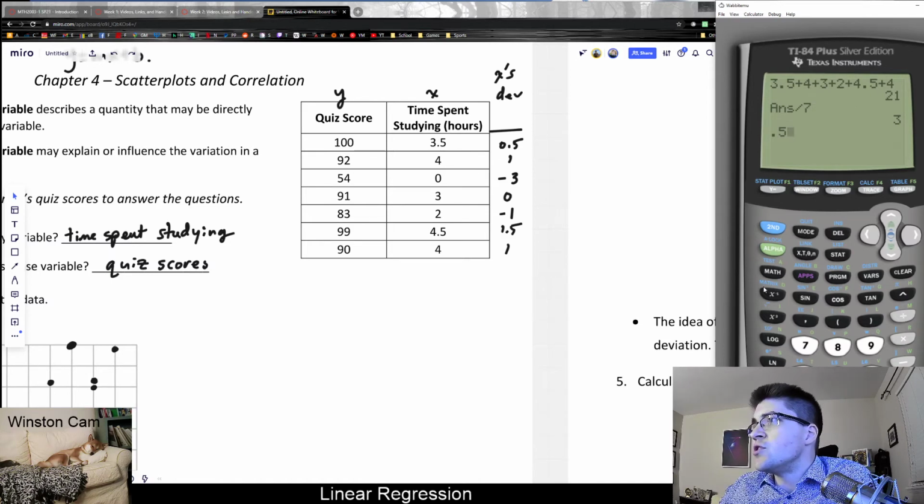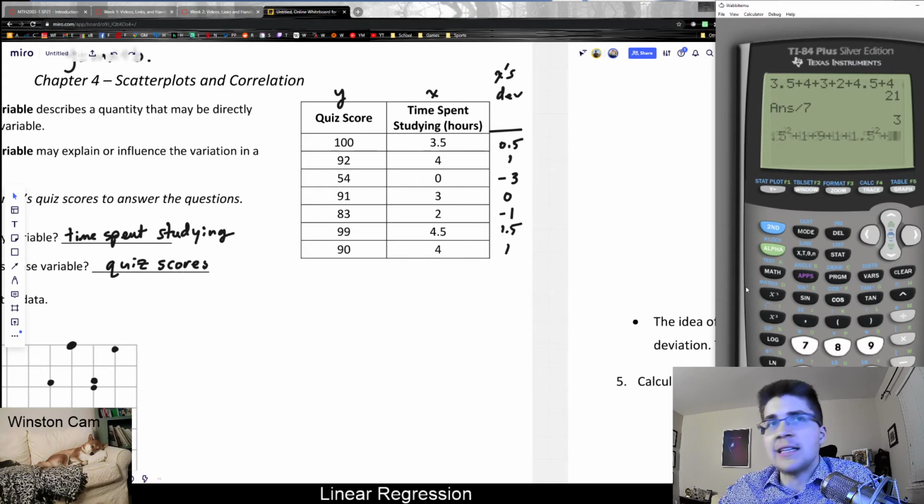You could, of course, use a calculator or Excel or R to find the standard deviation for you, but might as well do it while we're here, since these numbers aren't too bad. So we'd have 0.5 squared plus 1 squared is just 1, plus 3 squared is 9, plus 1 plus 0 squared plus 1 squared is 1, plus 1.5 squared, and plus 1 squared is just going to be 1 as well.